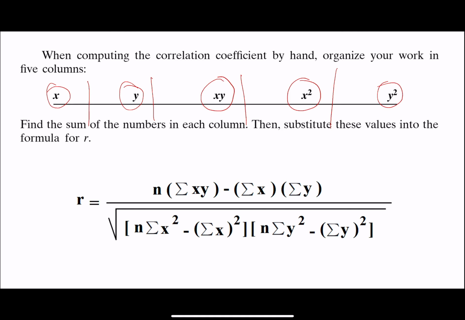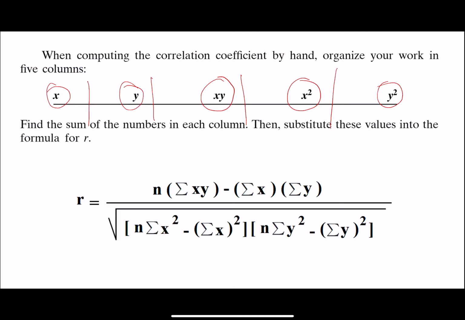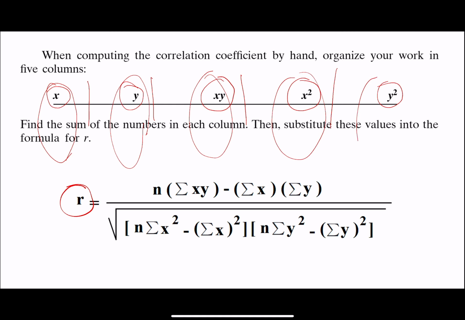Whatever you have in each column, add the values. These are the values that you need for the correlation coefficient equation. So create a table, add the numbers that you have in each column, and then when you add them, these are the numbers that you plug into this equation.